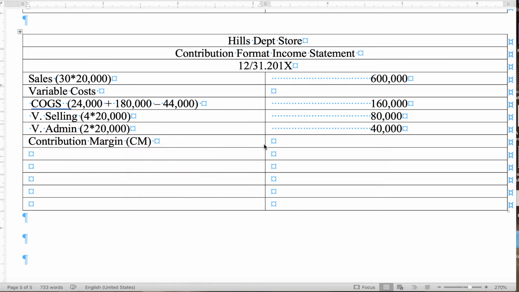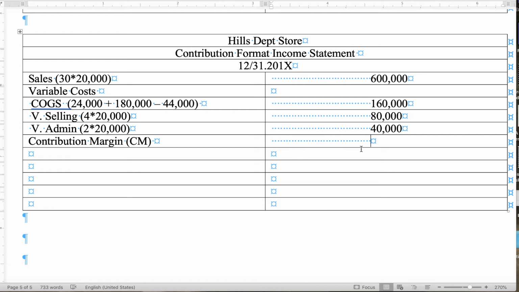The contribution margin is a very, very, very important number. We're going to see when we get to CVP analysis that it's a very important number, and we'll discuss why it's so important when we get there.